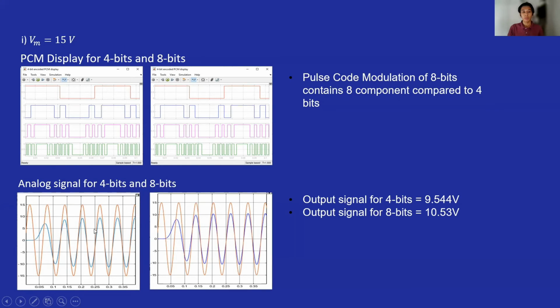The input for each figure is 15 volt, and the output for 4 bits is lower, which is 9.544 volt, and the output signal for 8 bits is 10.53 volt.